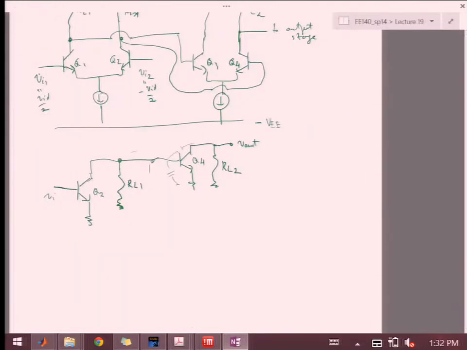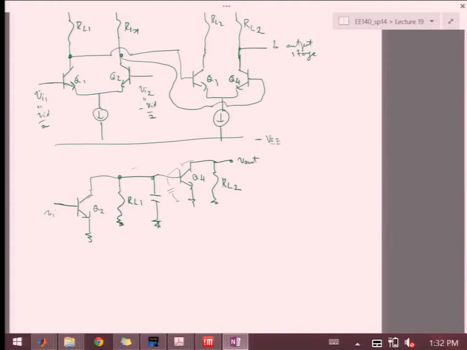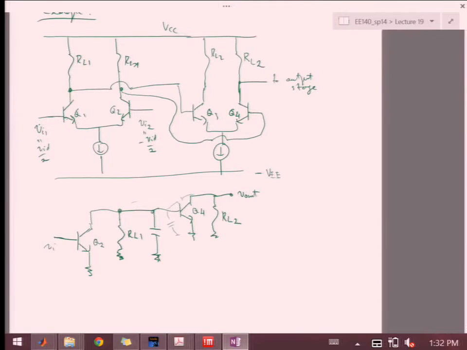So what we're going to do here is add a capacitor here. Now, the capacitor that we add here to ground, in the first stage, we're adding to the collector of the half circuit, so it looks something like this.